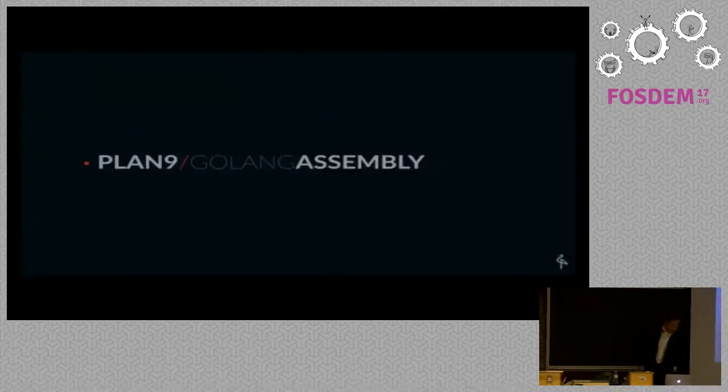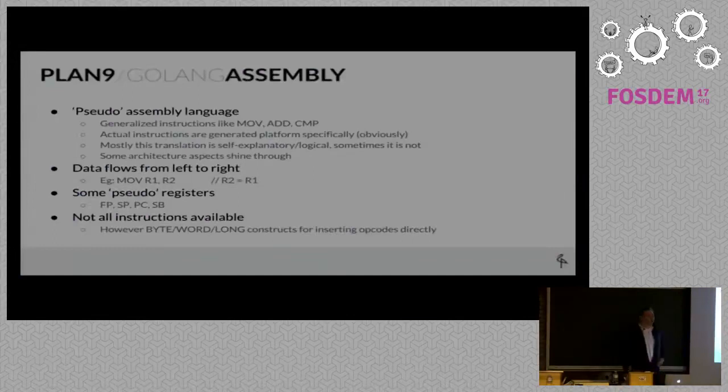But before I go into that, let me explain a little bit about the Golang or Plan 9 assembly capabilities. This is an integral part of the whole Go toolchain.